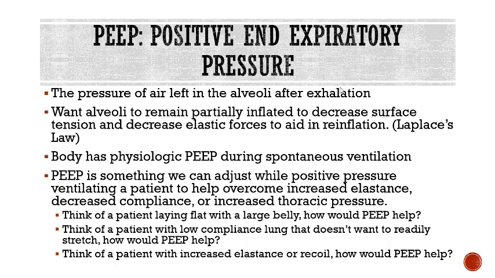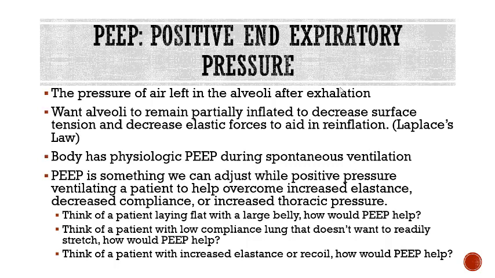So if you have an issue with low compliance, if you can keep a higher level of PEEP in those types of lungs, it will keep them stented open and make it easier to keep inflating them on inhalation without as much pressure. Another example would be a patient who has like increased elastance or increased recoil.